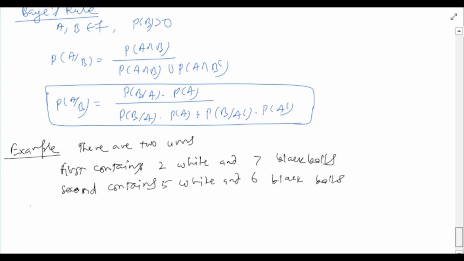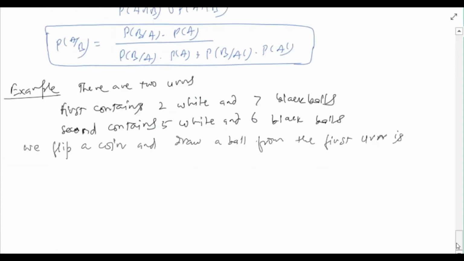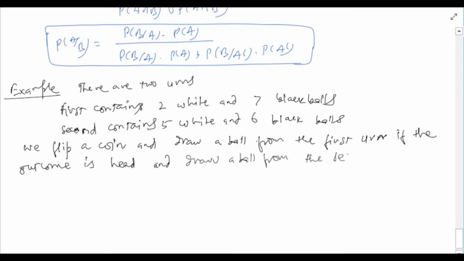We also have a coin, so we flip a coin and draw a ball from the first urn if the outcome of the coin toss is head, and draw a ball from the second urn otherwise.